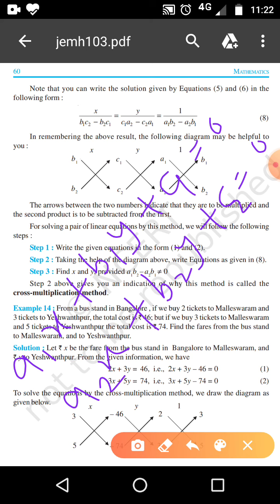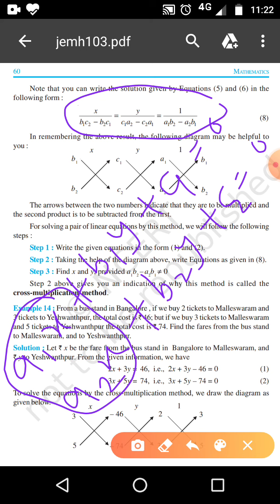Then the process is: x upon, you close the a1 part, then you have the coefficients of y and the constants, b1 c1 b2 c2. So b1 c2 and b2 c1. So x upon b1 c2 minus b2 c1.